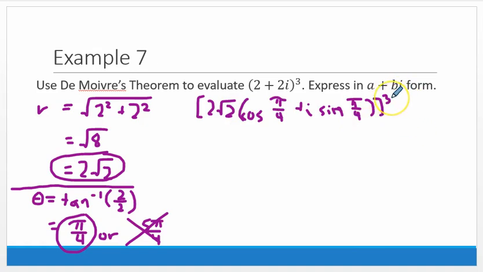So now we're going to use De Moivre's theorem to raise the first value to the third power and then multiply the angle by 3. So 2 root 2 cubed, you might want to think of the 2 and the root 2 cubed as separate things. 2 cubed is 8, and root 2 cubed is 2 root 2. So 8 times 2 root 2 is 16 root 2.